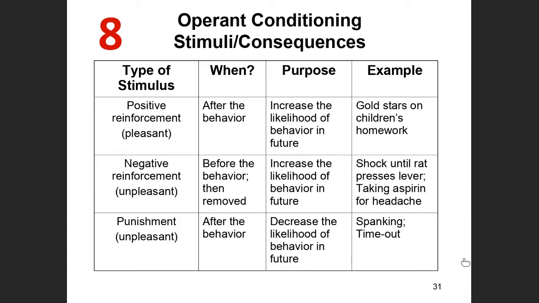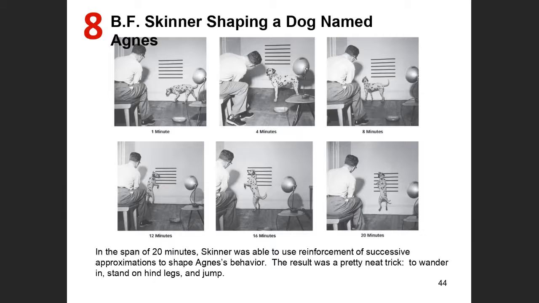Okay, now let's move to something related to operant conditioning. So Skinner had a process called shaping, and what that process was is that you don't wait until you get the exact behavior that you want.